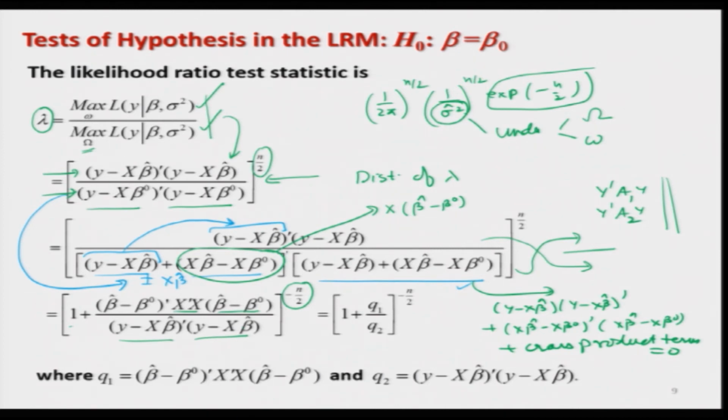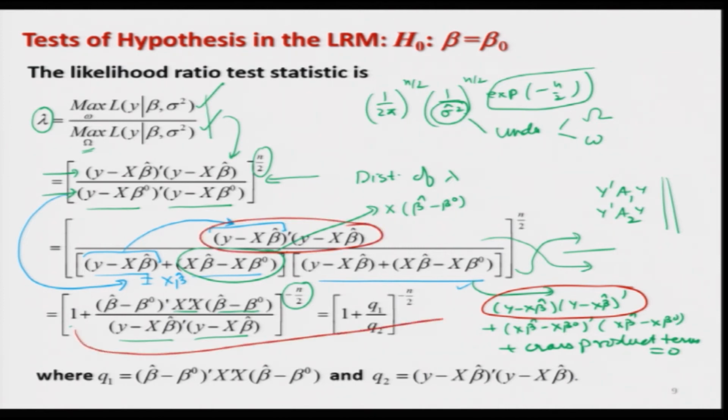Because this factor is going to be common in the numerator and denominator, and they will give rise to the factor 1, right. And then I express the quantity in the numerator as q1 and the quantity in the denominator as q2, which I have written here.